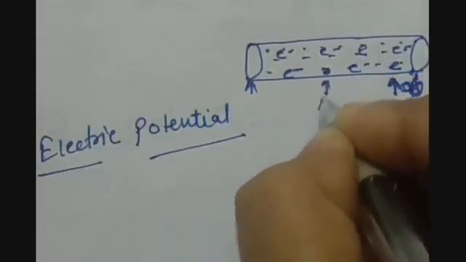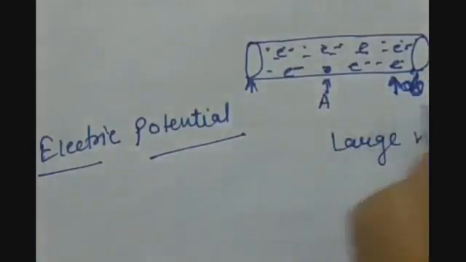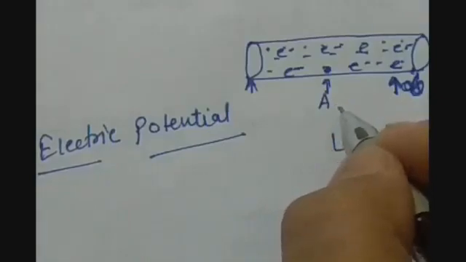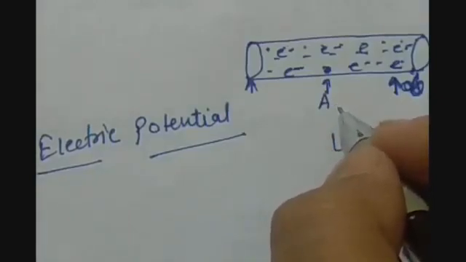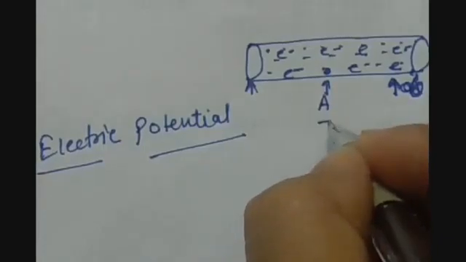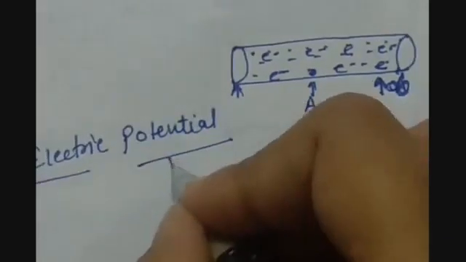Suppose here, I want to bring it here. So from infinity to point A, that amount of work required to bring a charge from infinity to point A will be known as electric potential.